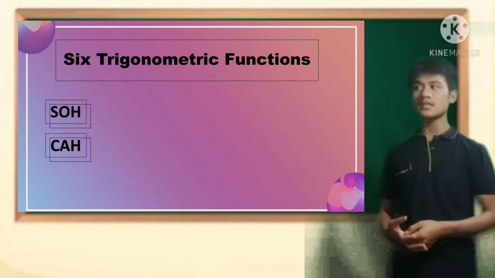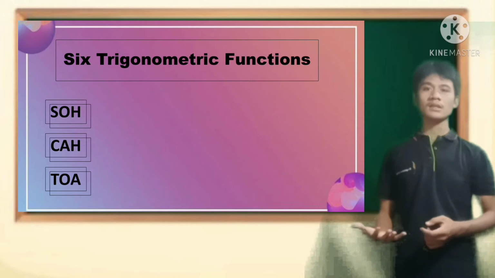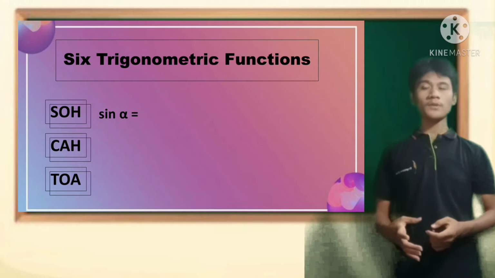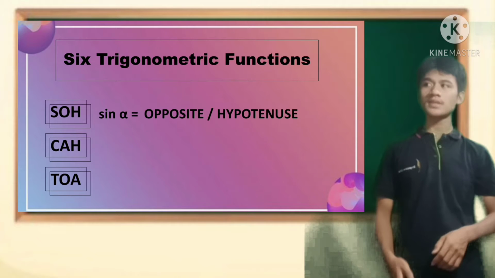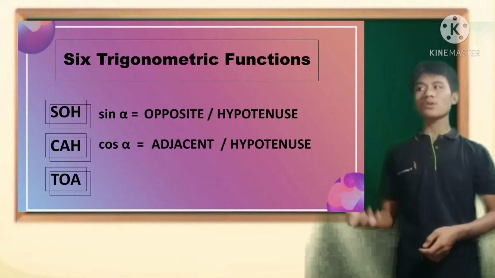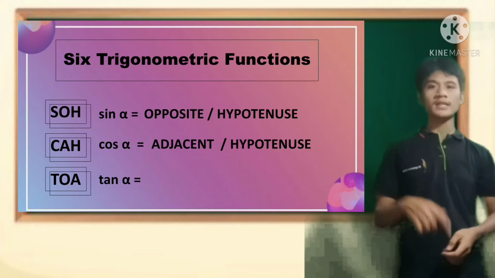These are the first 3. SOH-CAH-TOA: the sine is equal to O, the opposite, over hypotenuse; CAH, which is cosine, is equal to adjacent over hypotenuse; TOA, which is for tangent, is equal to opposite over adjacent.